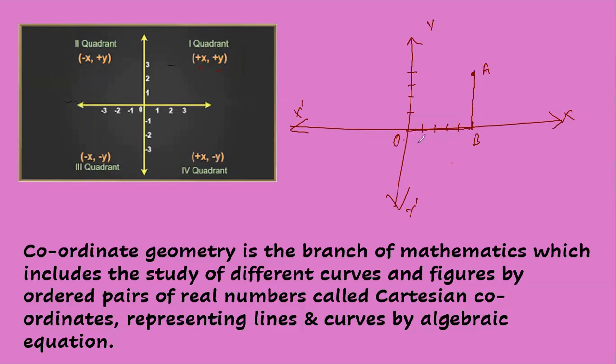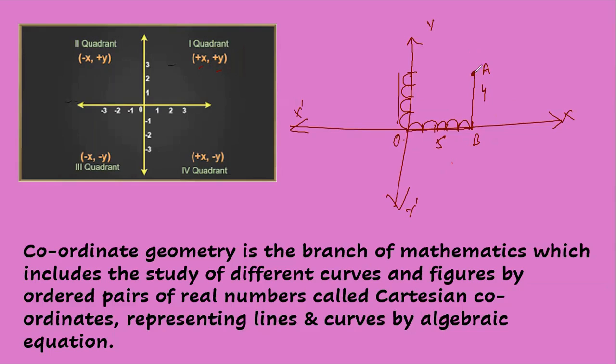X is the distance of this point from the y-axis. Going from O to B, that is 1 step, 2, 3, 4, 5 steps, so this is 5. Similarly, from B to A, it is 1, 2, 3, 4, so it is covering 4 units.